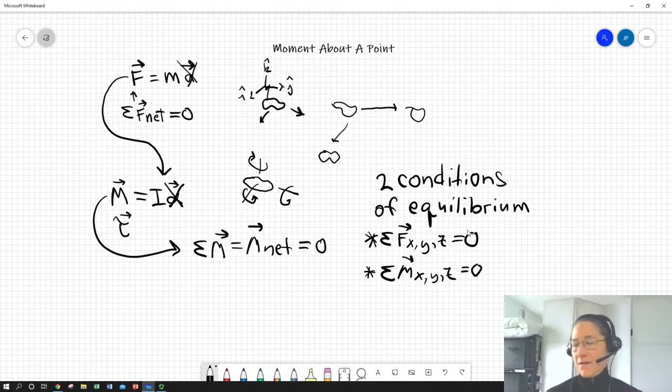Then nothing is going to accelerate translationally. It's not going to move side to side, and it's not going to accelerate rotationally. No alpha, it's not going to spin.